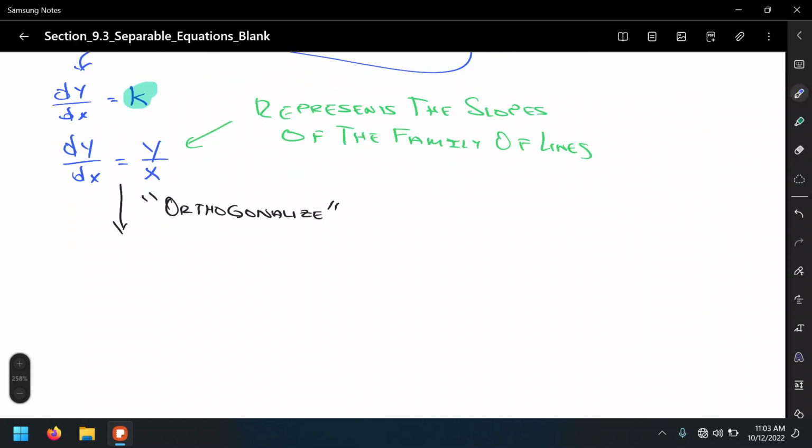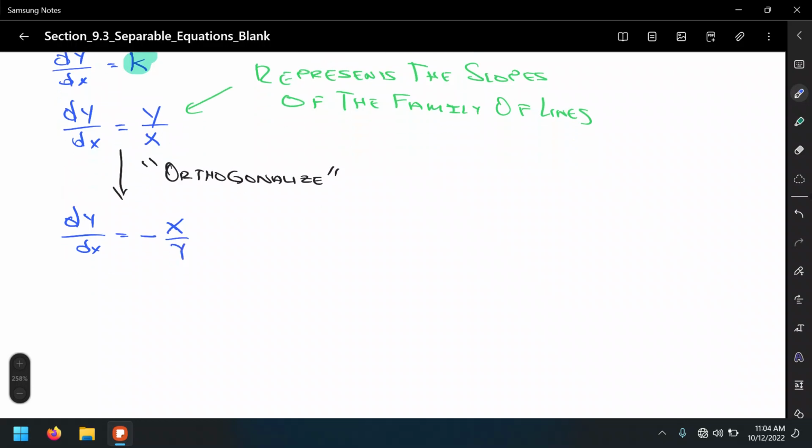And well, that remains dy dx equals, so recall that to find the orthogonal family or the perpendicular family, that stems from the fact that we are finding the slope of the normal line or the perpendicular line, and to get the slope of the perpendicular line we need to do two things to the slope. So what are those two things that we need to do? Negative and reciprocal. So change the sign and find the reciprocal of this.